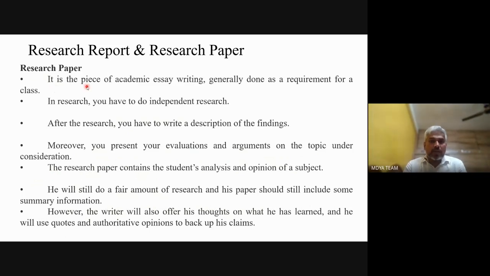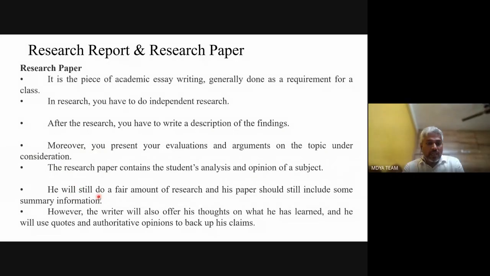And a research paper is completely different. It is a piece of academic essay writing, generally done as a requirement for a class. In research, you have to do independent research, right? Independent research, this is very important. After the research, you have to write a description of the findings. Moreover, you present your evaluation and argument on the topic under consideration in a research paper. The research paper contains the student's analysis and opinion of a subject.